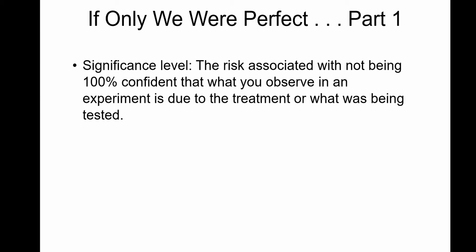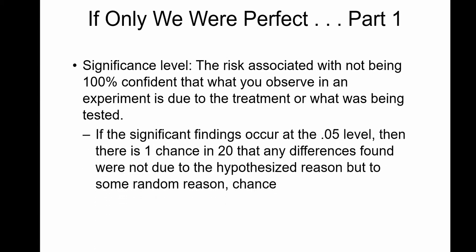In my case, we're looking at male happiness, female happiness. The male average is 2.3, the female average is 6.3. If I say the significance occurs at the 0.05 level, that's 5%, then there's a 1 in 20 chance that any differences found were not due to the hypothesized reason, but to some random reason or to chance. Remember, we're focusing only on gender in this particular question, okay?